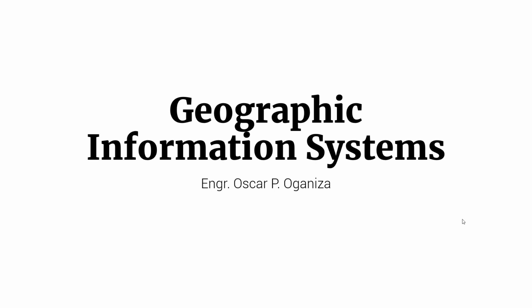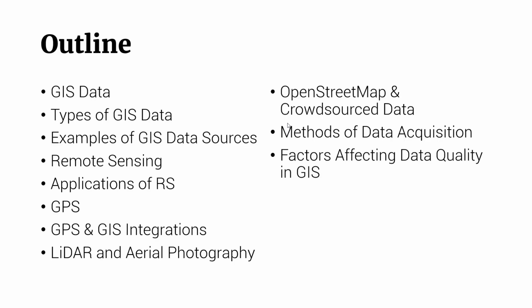Good day, everyone. Let us continue our discussion on emerging technologies, especially on geographic information systems. This is the outline of our topic for this week. We'll discuss GIS data, types of GIS data, examples of GIS data sources, remote sensing, applications of remote sensing, and what GPS and GIS integration is.